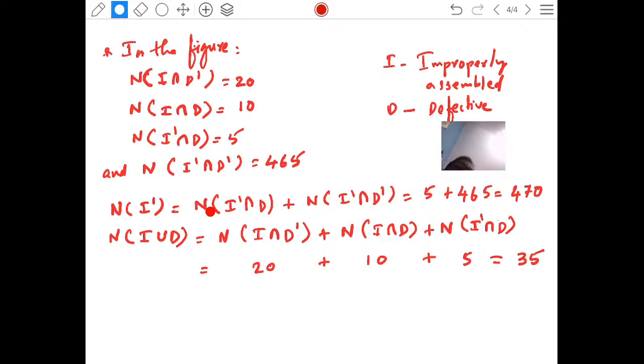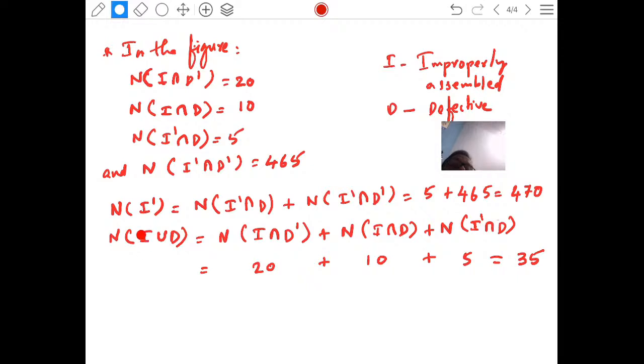Now I complement intersection D means the number of machine parts which are properly assembled and defective. We have to consider cases which are defective.